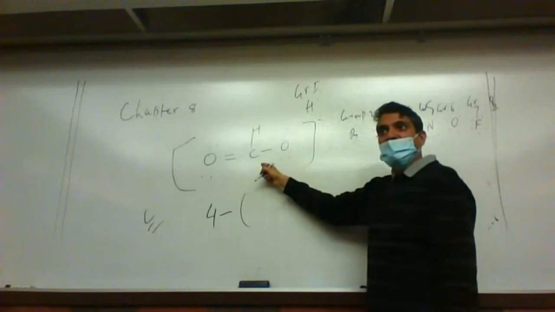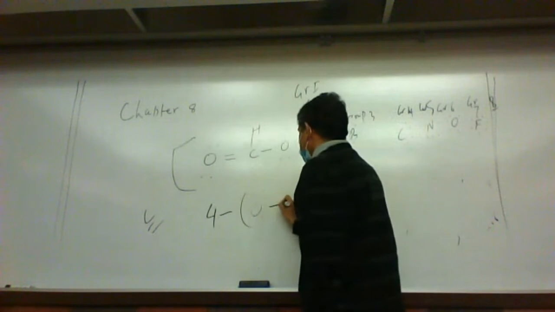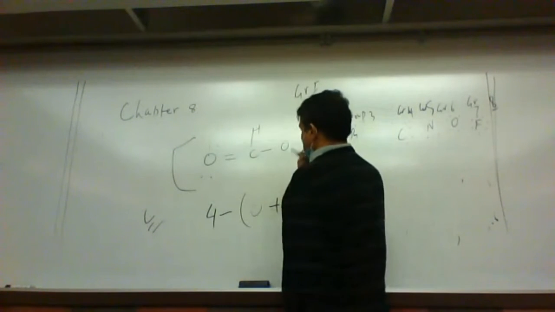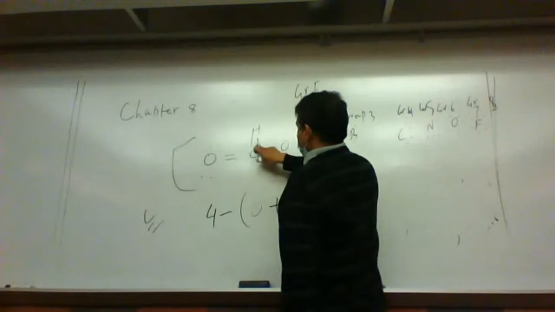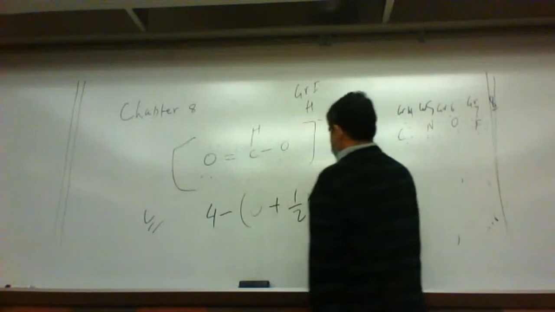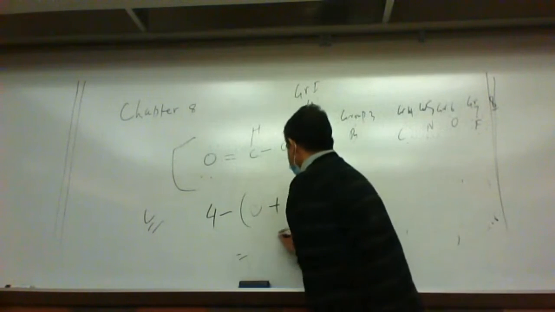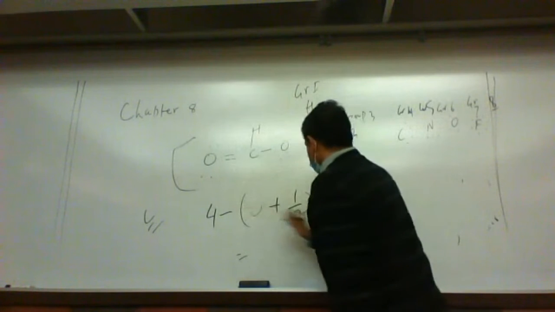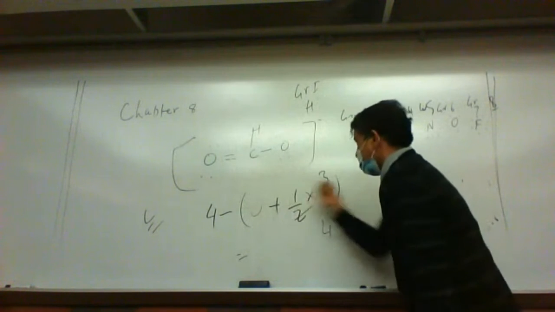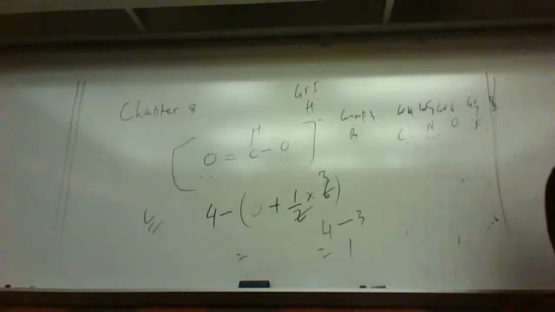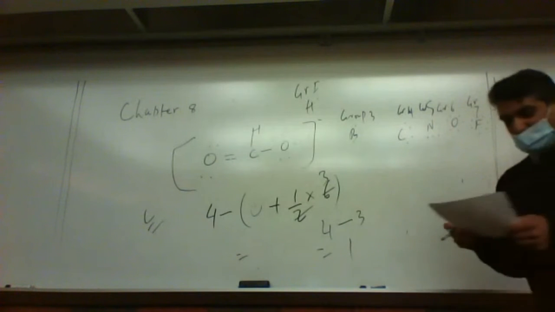There is no dot around carbon, right? So that's 0, and then plus half, and multiply by bond pair. How many bond pair here? 1, 2, 3, 4, 5, 6. 6 here, like this. Now that would be 4 minus 3, which is 1. So carbon has plus 1 formal charge, right? Make sense? It's pretty easy.